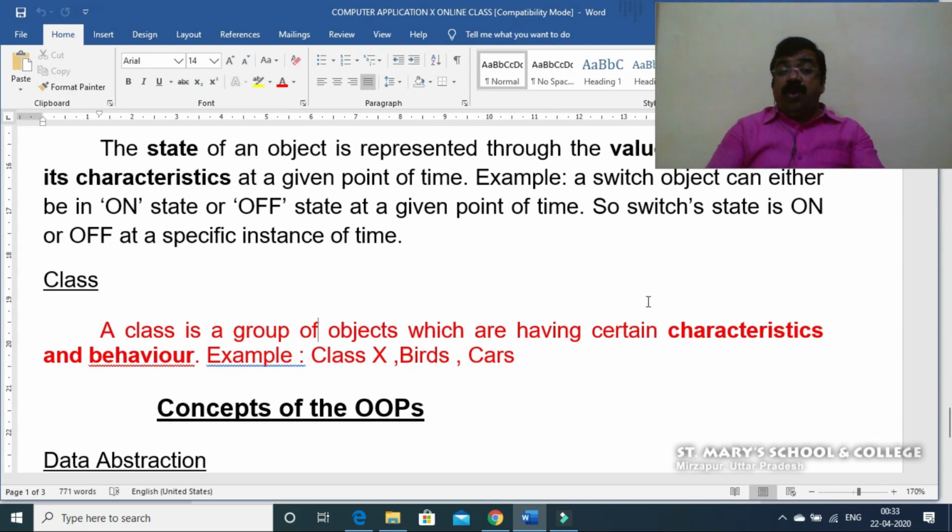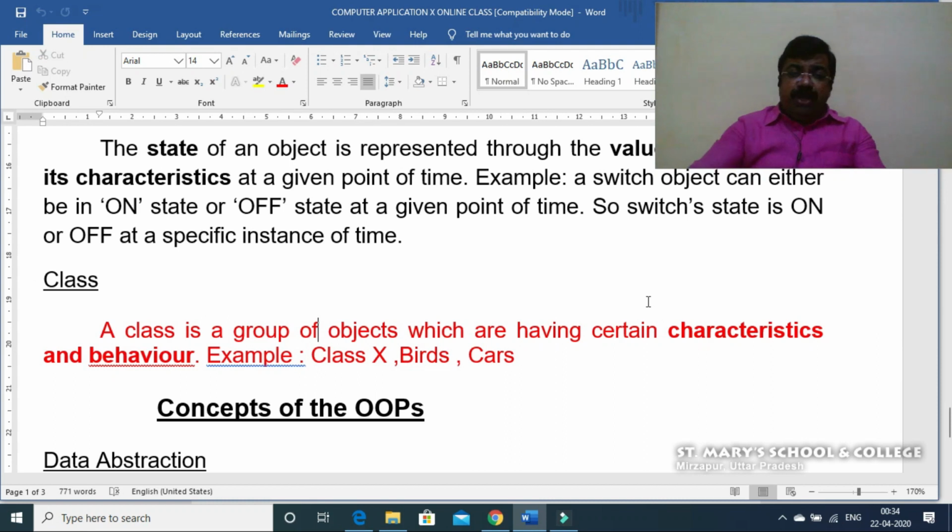Now, what does the definition say? It's a group of objects which have certain characteristics as well as behavior. When they are combined together, we say that item is an object. Okay, so all these definitions you have studied last year.